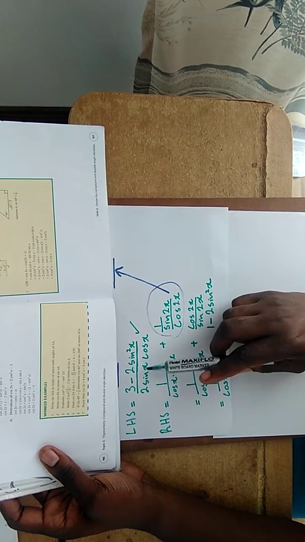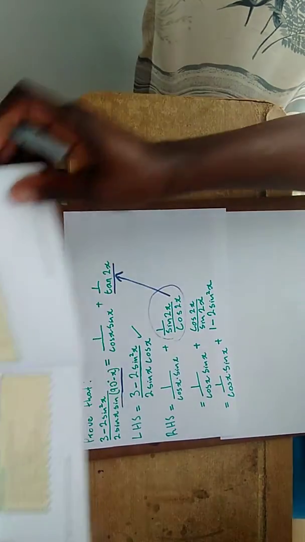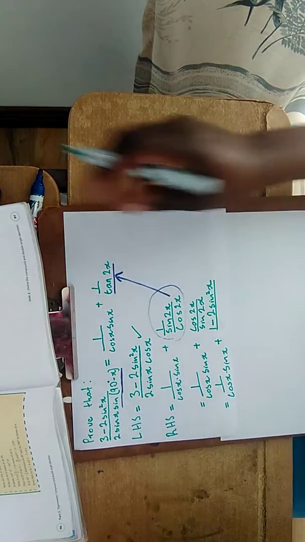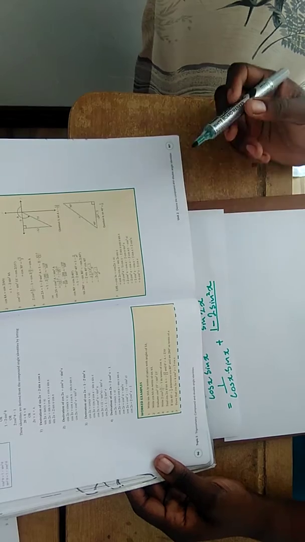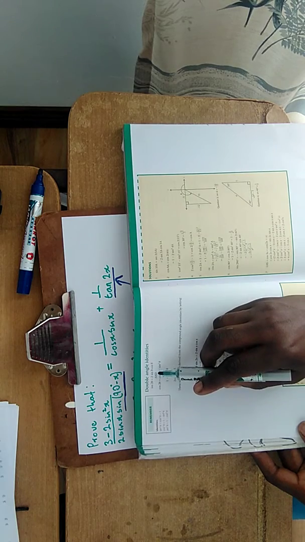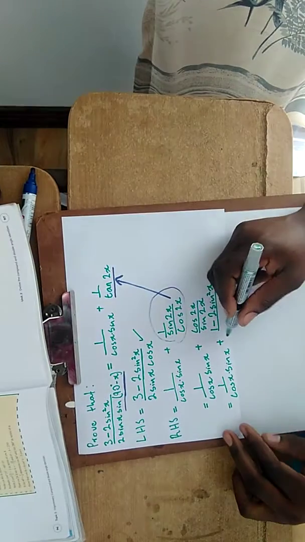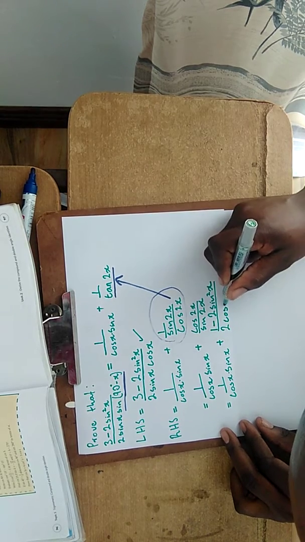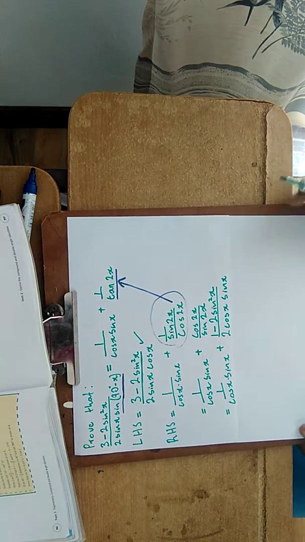This is my direction. This is where I'm going. So whenever you walk, you always look at where you go. Then we also change our sine 2x. What I like about sine 2x, the identity, is that it's only one. You don't have to stress about which one to choose. So we change it to 2 sine x cos x.